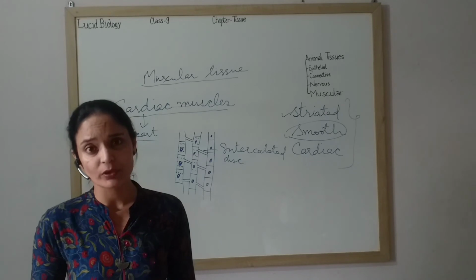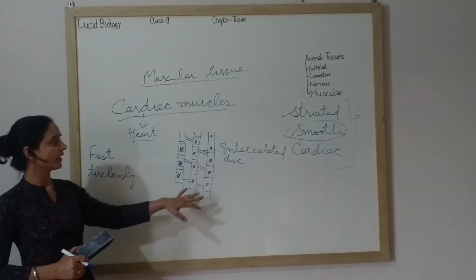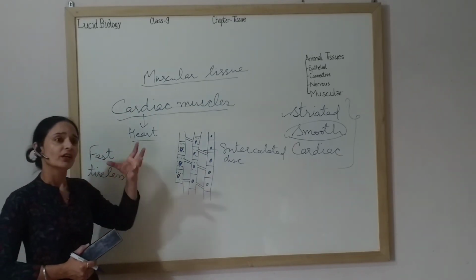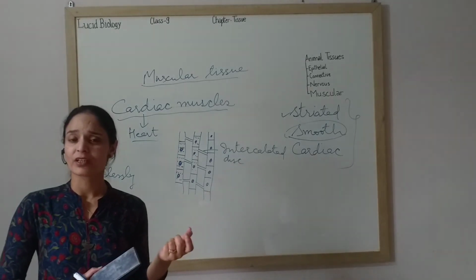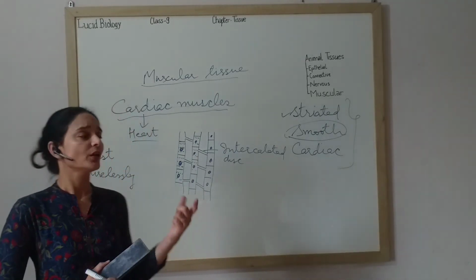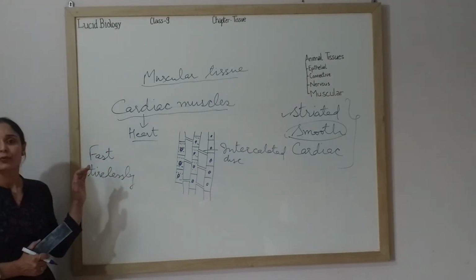They work continually without taking any rest. Okay. So this is all about the structure, and if we talk about occurrence, they are present in the heart. Their basic function is to bring about contraction and relaxation in the heart so that blood can be pumped in the entire body, and they work tirelessly, rhythmically and very fast.